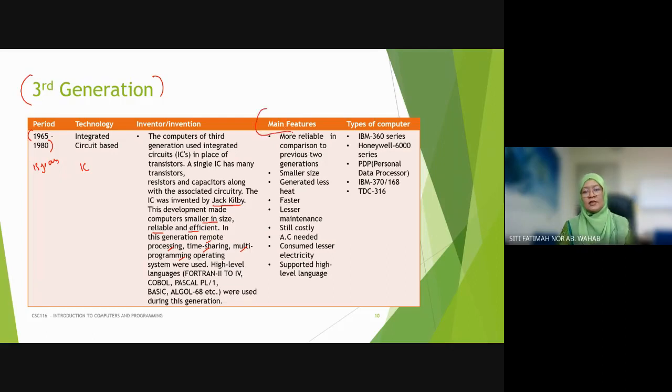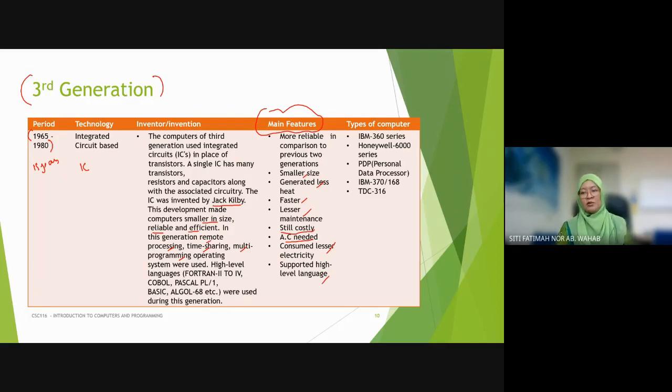So what are the main features of the third generation computers? More reliable compared to the previous two generations, smaller size, less heat, faster, lesser maintenance, but still costly. AC is still needed, consume less electricity, and it supported high-level language.